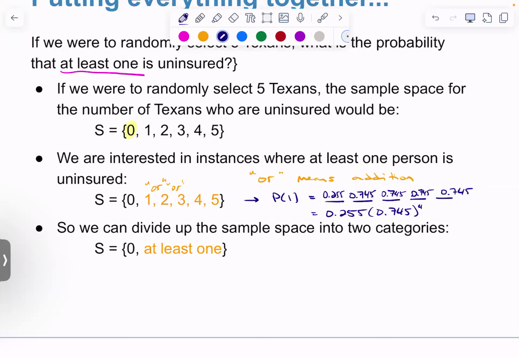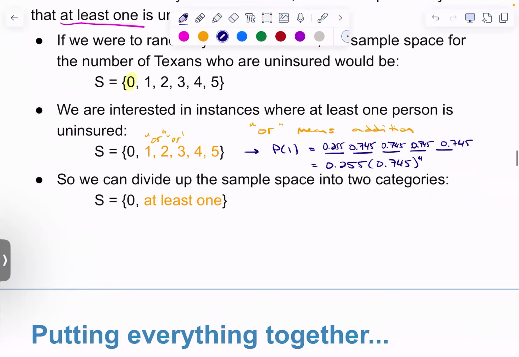I'm multiplying, right? Because in order to have 1 uninsured, that's my scenario, then an insured and an insured and an insured and an insured. And so if I multiply these, I get the probability of 1, which is 0.07855345141-ish.